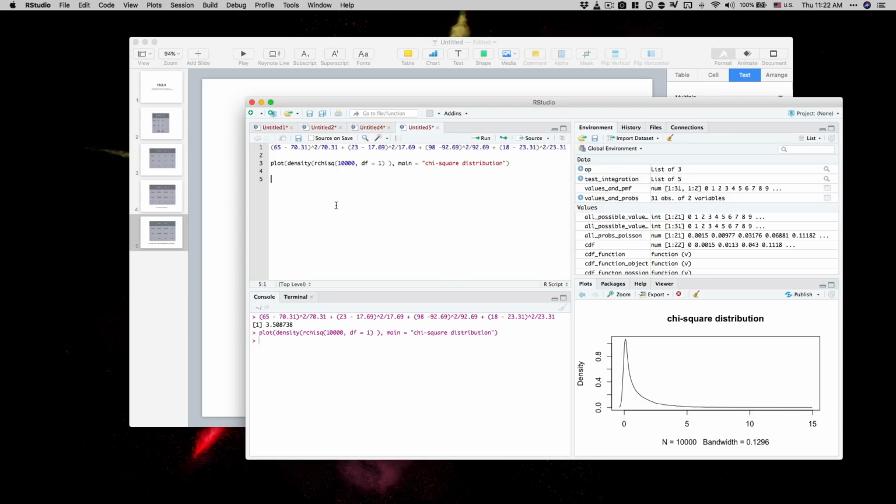So we want to find the probability of your chi-square variable being greater than 3.50 something. So we use 1 minus, and this is the value, but don't forget to specify the degrees of freedom, because as you change the degrees of freedom, you will end up with a different distribution. So you have to specify this. This is mandatory.